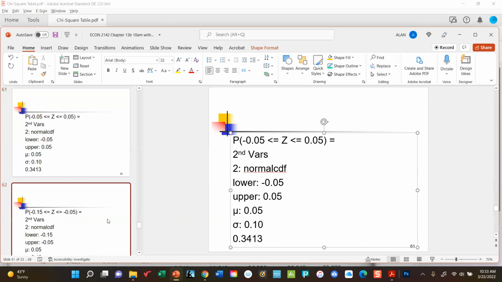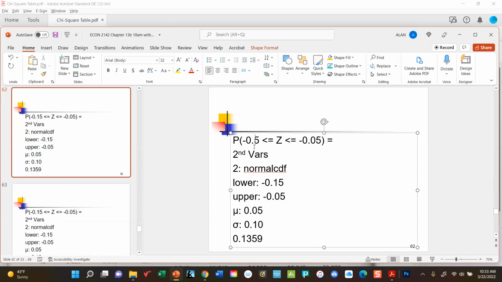And then for positive 5 to positive 15. And so now this time it's again 0.3413.